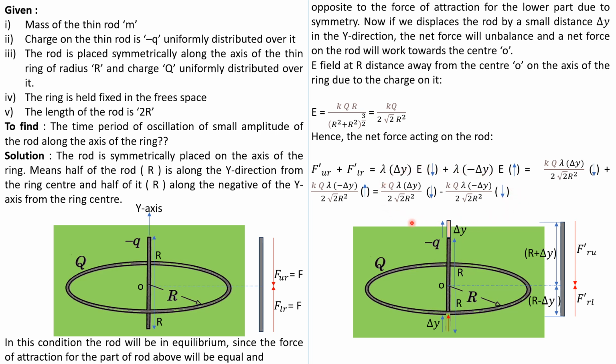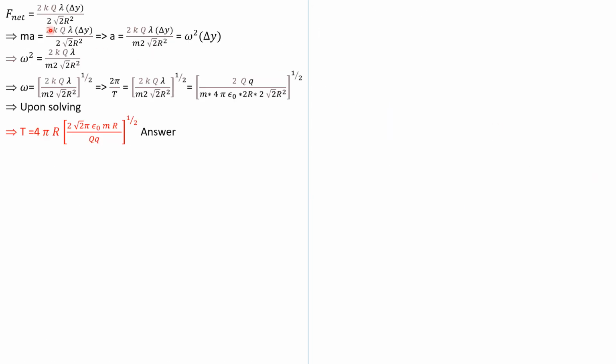So the net force will be 2 times K Q lambda delta y divided by 2 square root of 2 R squared in the denominator.